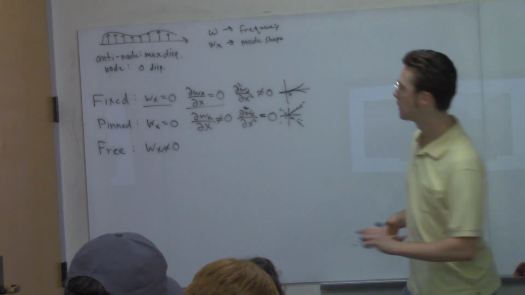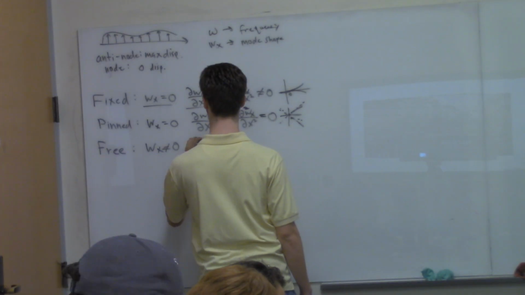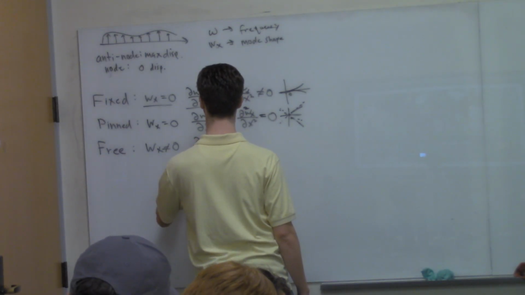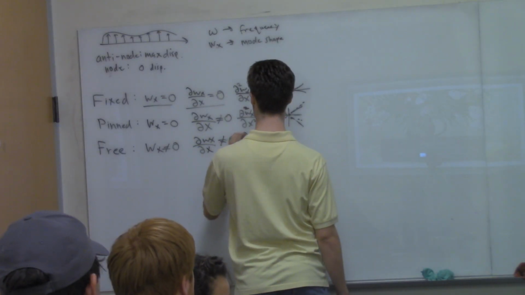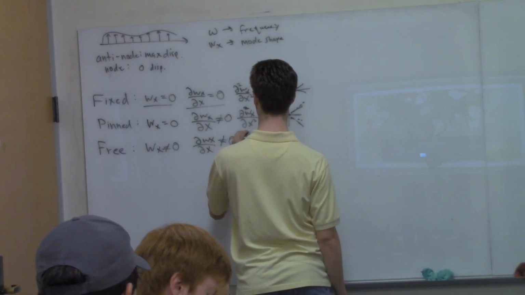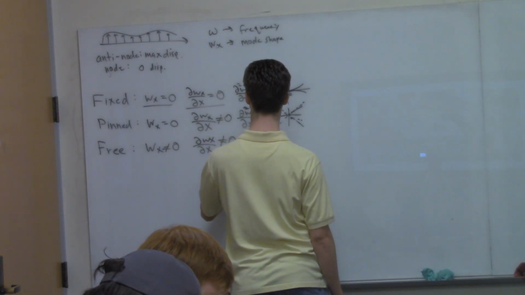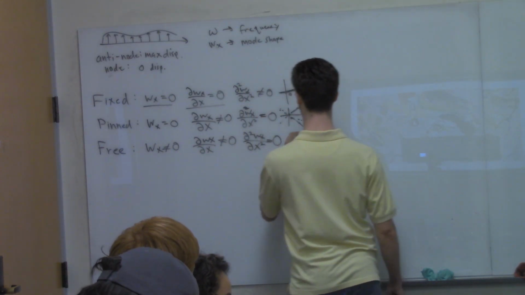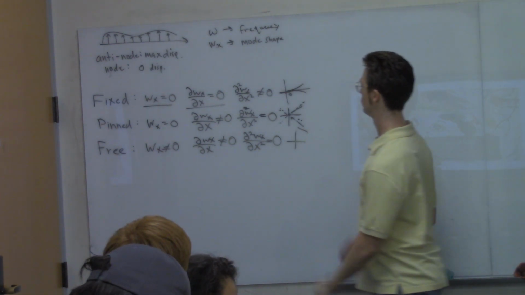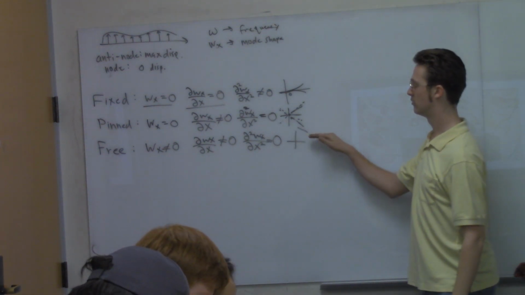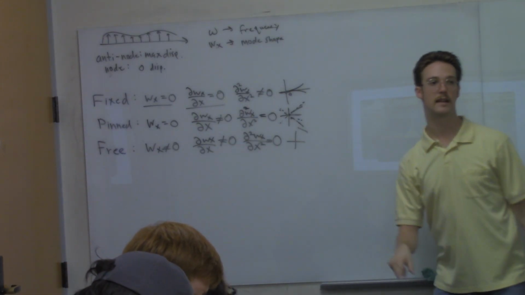So this is okay if we have a first derivative. But we can't have any bending moment at a free end. So second derivative is equal to 0. So you can have a slope and you can have it displaced in some way, but it can't be curved at that point.